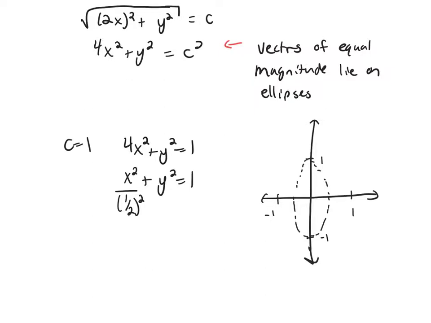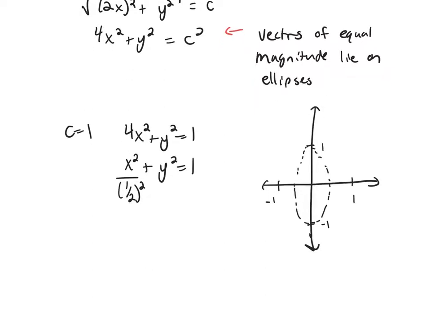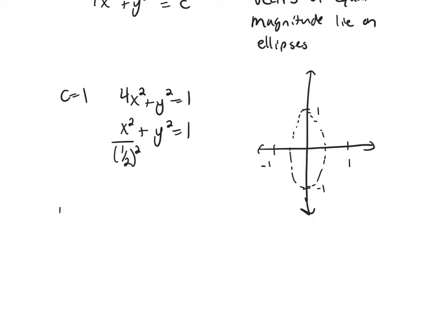And so you want to pick points on this ellipse. So let's pick some points. F of, let's go with (1/2, 0), I'll get the vector i. Remember, you should be getting vectors of length 1. So here at (1/2, 0), I'm getting a vector of length 1 here.